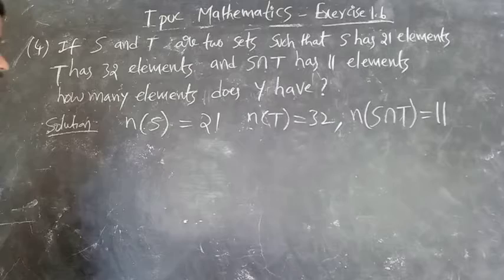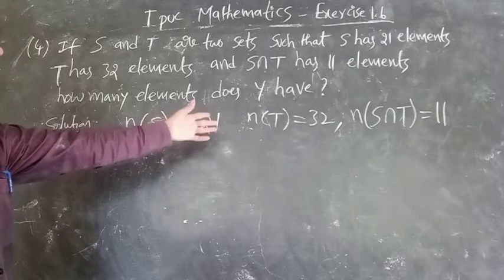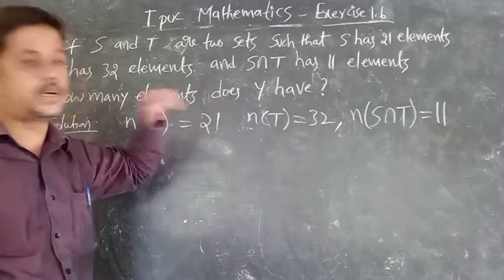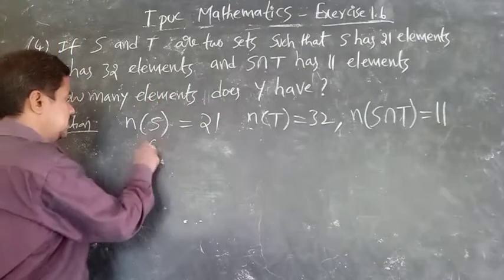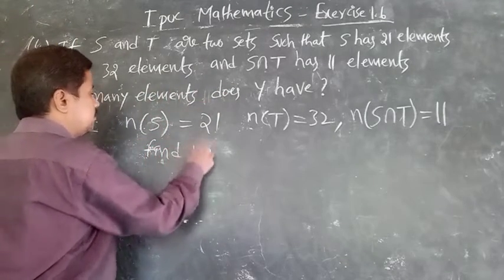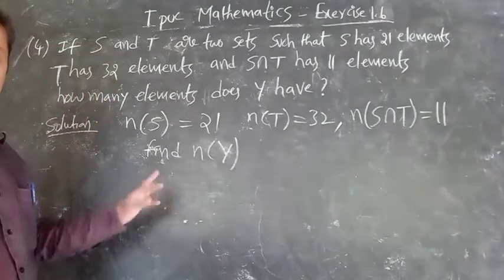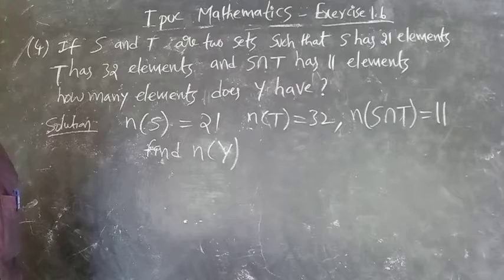So we have N of S, N of T, and N of S intersection T. What to find here? How many elements does the union have? So find N of S union T. First you have to write the formula.